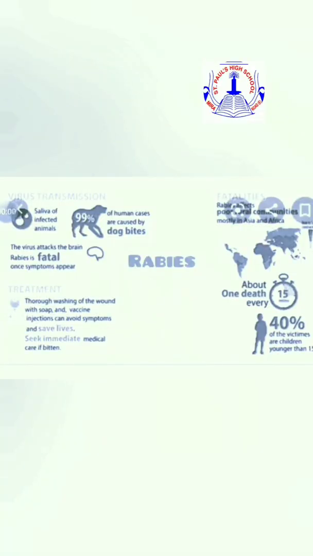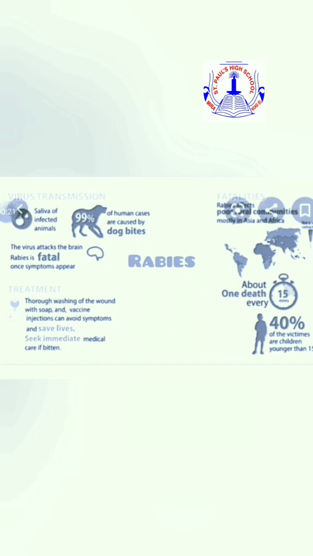However, fatality can be prevented by timely vaccination before the onset of symptoms. Symptoms start to appear within 90 to 175 days of a dog bite. Rabies is a viral disease. Virus transmission takes place through the saliva of infected animals. 99% of human cases are caused by dog bites.